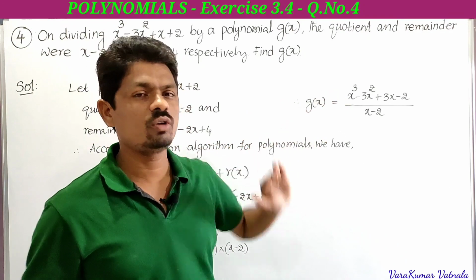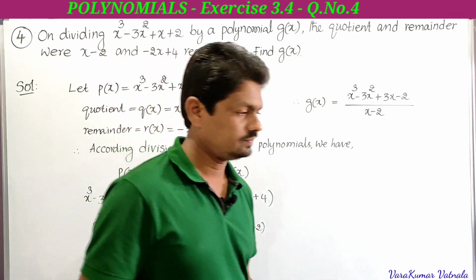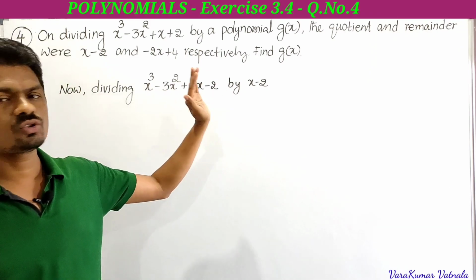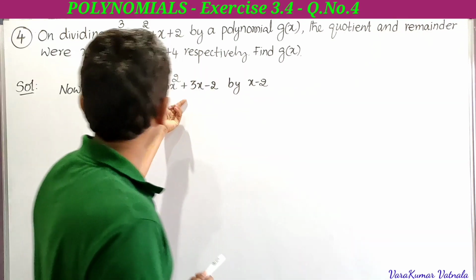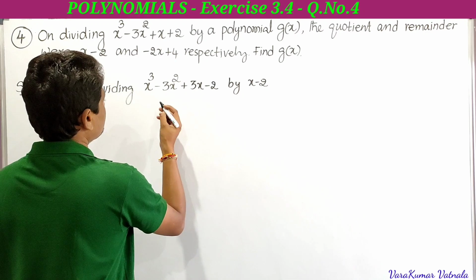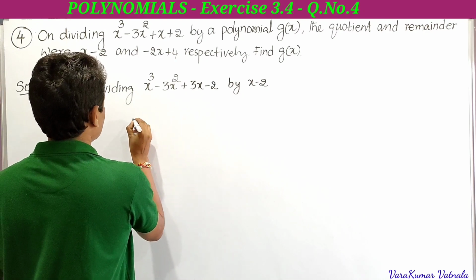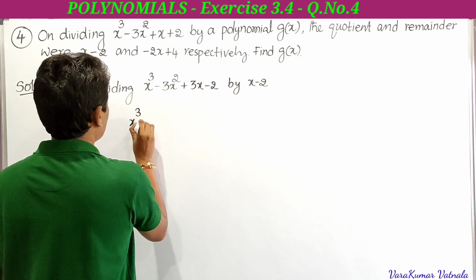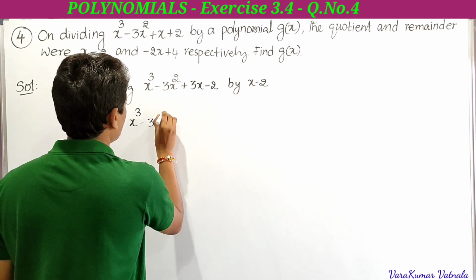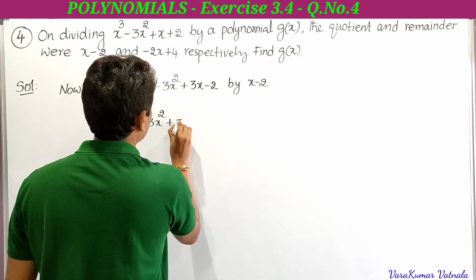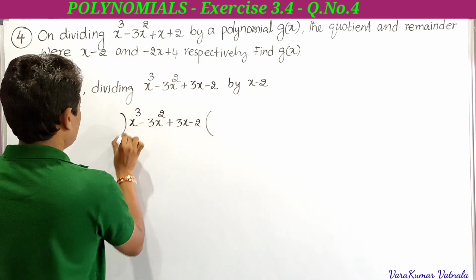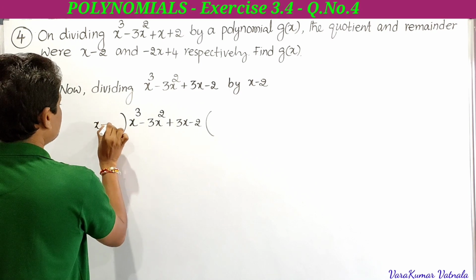So now we have to divide it. See here, we have to divide x cube minus 3x square plus 3x minus 2 by x minus 2. Write x cube minus 3x square plus 3x minus 2 as the dividend, and write x minus 2 as the divisor.